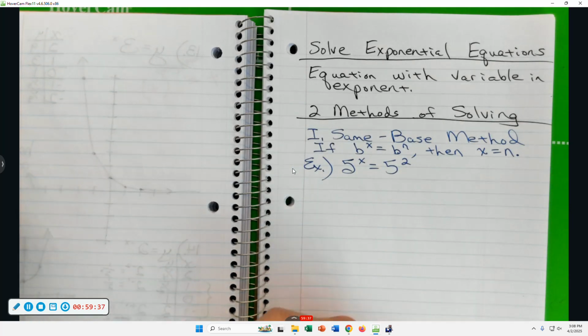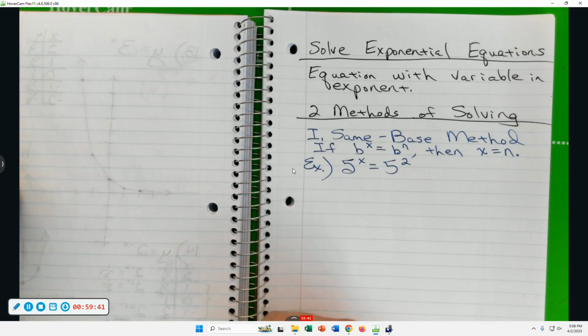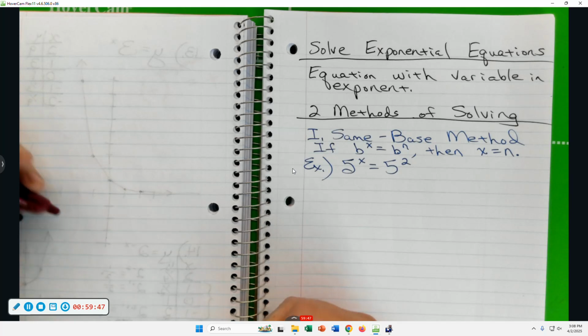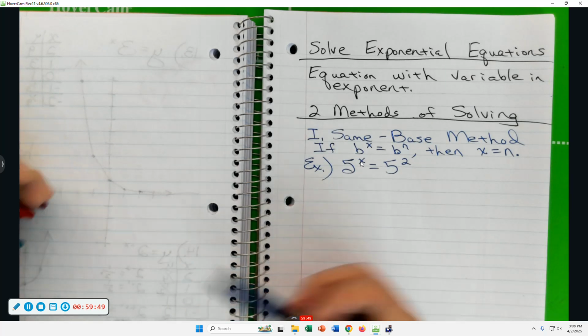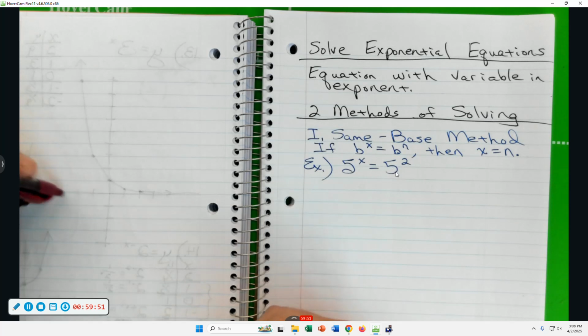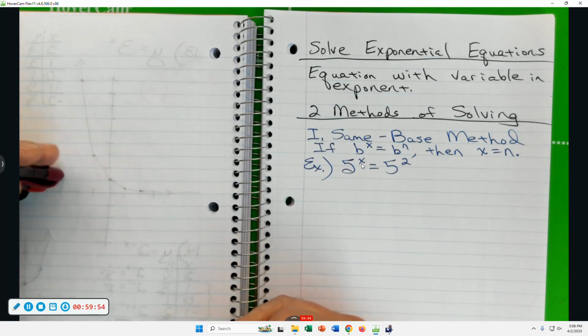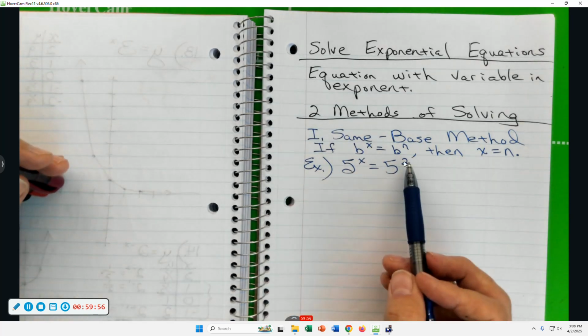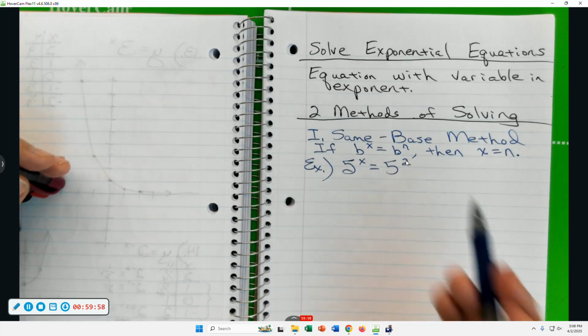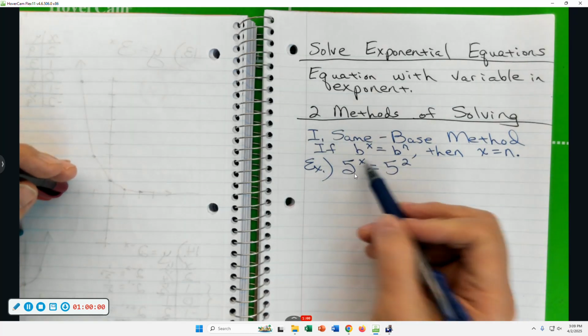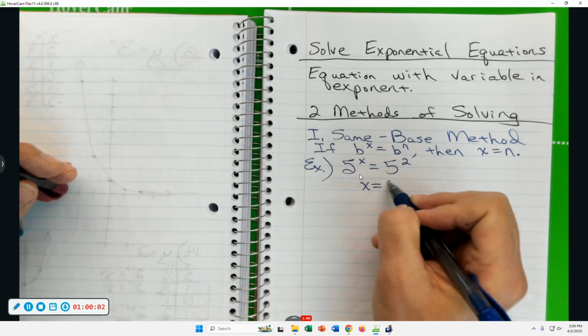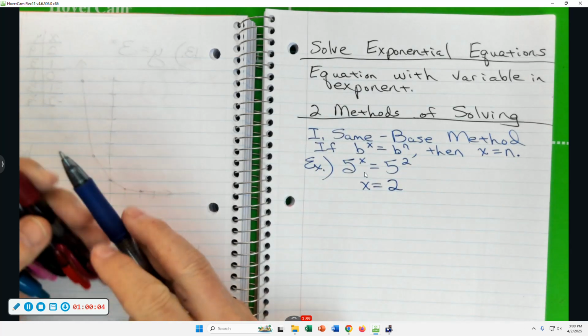It should be obvious. Could I plug in a 3? Could I plug in a -7? If the bases are equal, then the powers have to be equal, so x has to equal 2. The only number you can plug in there for x is x equals 2.